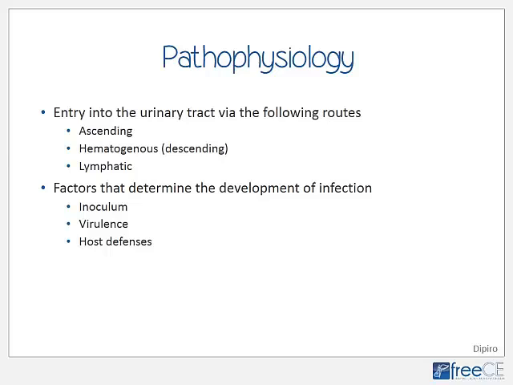Ultimately, when bacteria are present in the bladder, there's an increase in diuresis and an increase in the efficiency of the emptying of the bladder. Between these two mechanisms, the bladder is then able to eliminate bacteria. However, as people age, they frequently have difficulty voiding urine completely, and as a result, they're at increased risk for UTIs.